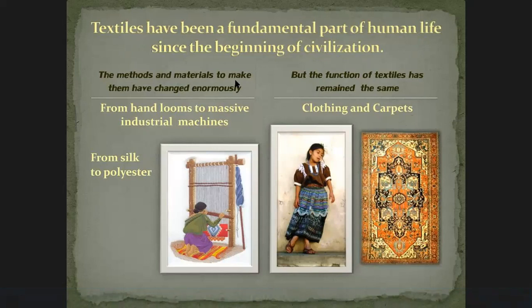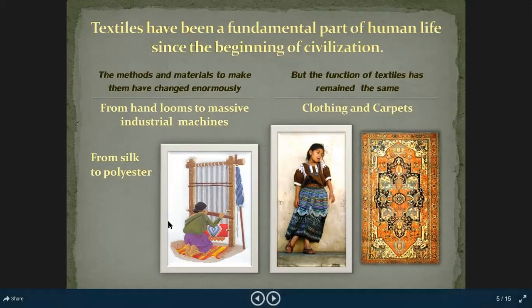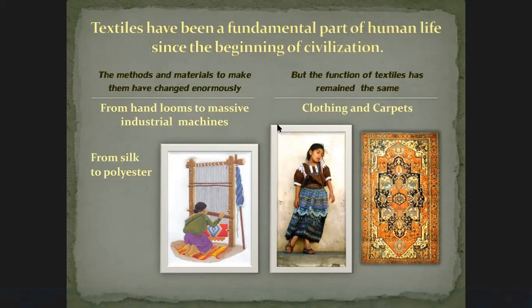Although it changed enormously, as can be seen in the first picture on your left, from silk to polyester, how they weave the cloth we are wearing right now, to the clothes and carpets that we are currently using, from hand looms to massive industrial machines.